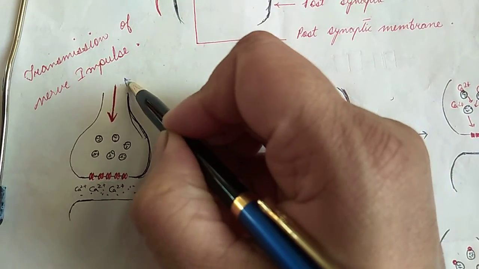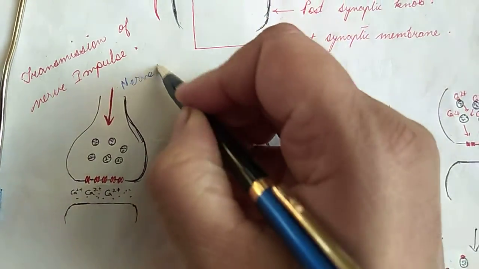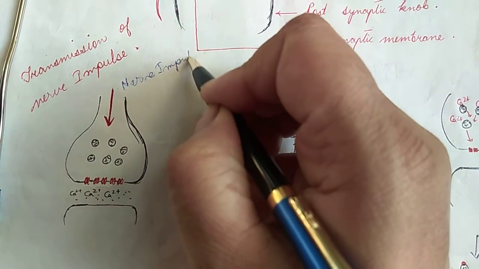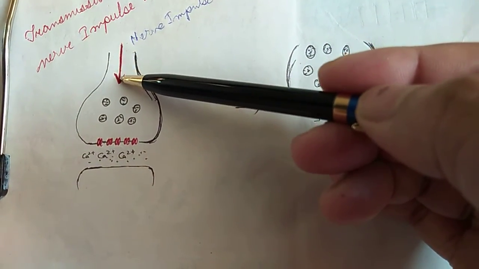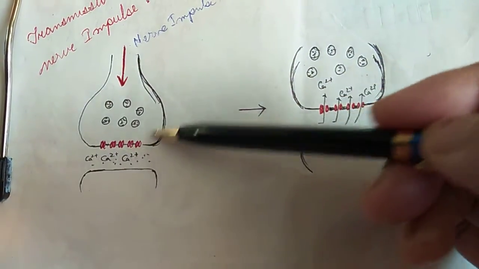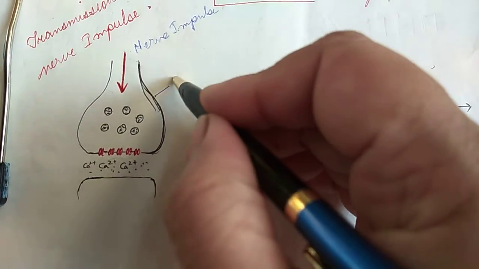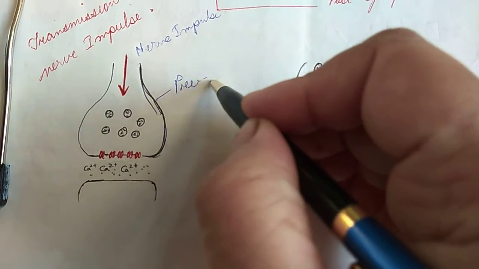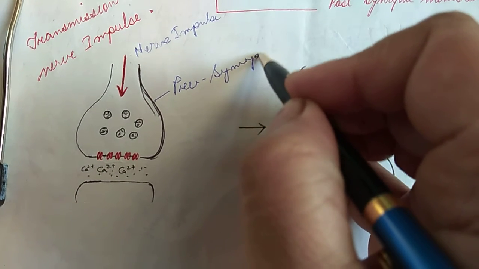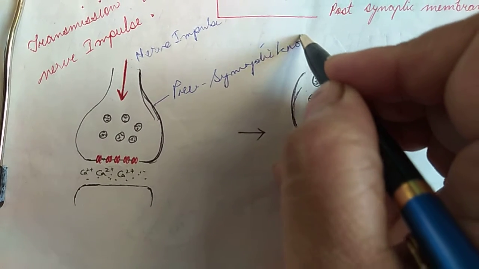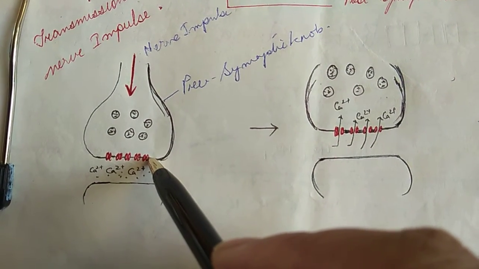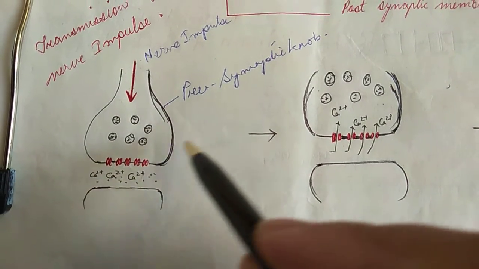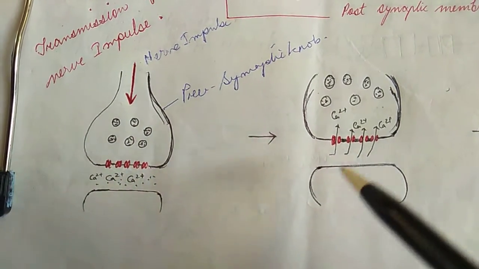When the nerve impulse travels through the axon and reaches the presynaptic knob, the calcium-gated channels, as you can see here, get stimulated and open.